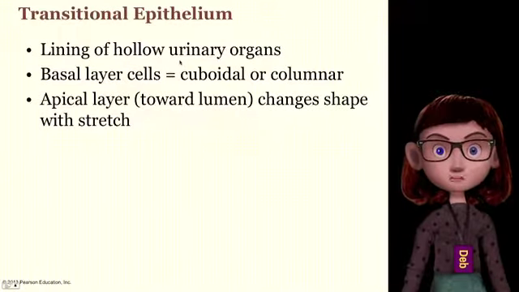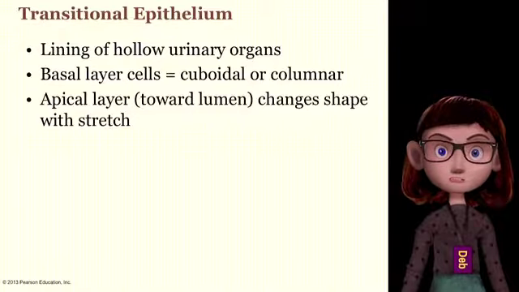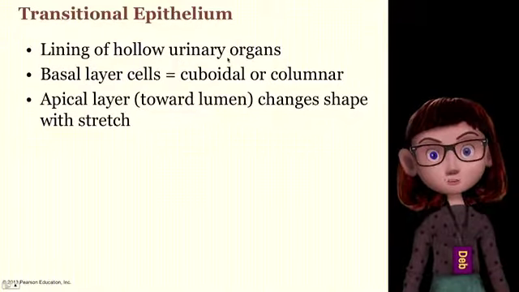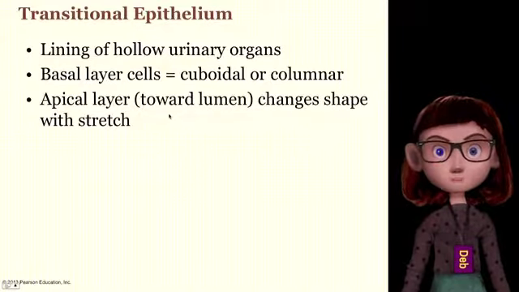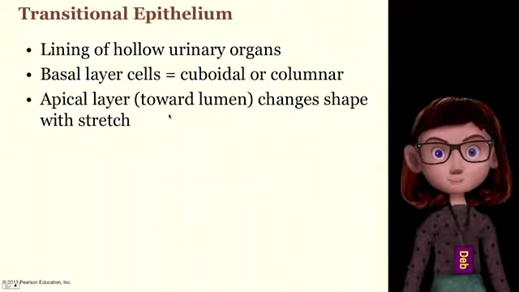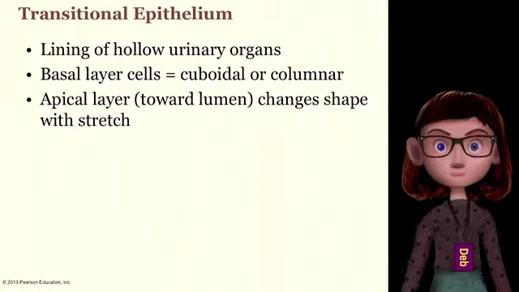There's another type of real specialized epithelium, and it's called transitional epithelium. It lines the hollow urinary organs, such as the urinary bladder and the ureters. The ureters bring urine from the kidneys down to the urinary bladder.